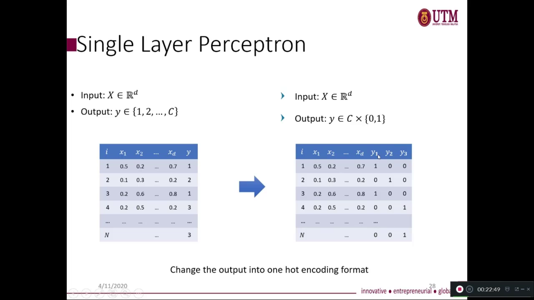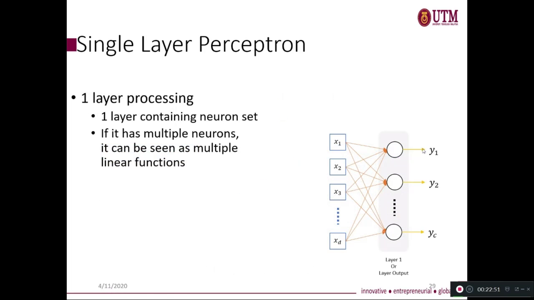So that's why you have y1, y2, y3. So again, net comes from the summation or the linear equation, the input function. The output function can be sigmoid function, can be sign function, can also be the unit step function.